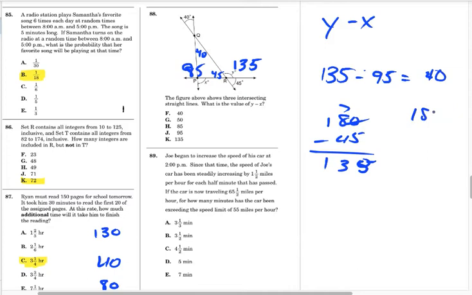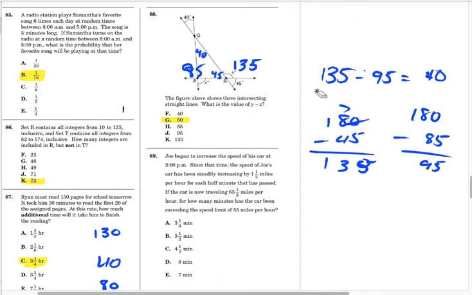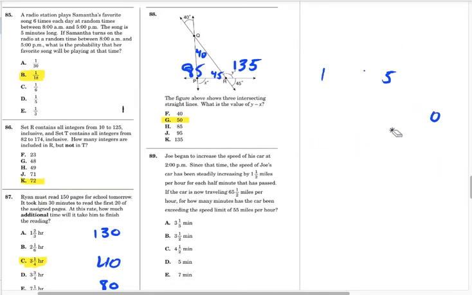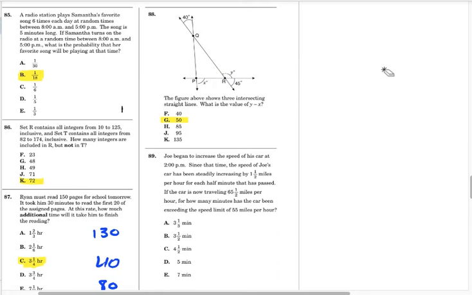This is 180 minus 45 and 45, 85, equals 95. Your answer is G. Let me come back to that one in just a second here. Let's do it again. Someone, me, has made a mistake. Because the answer is G.